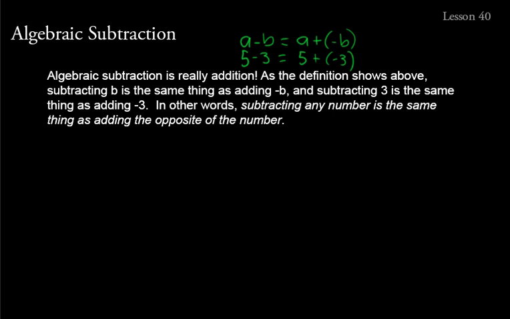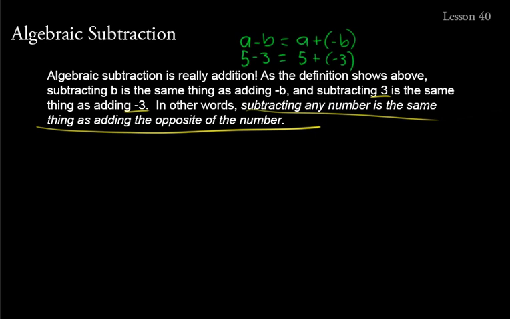As we just showed with the definition, subtracting B is the same thing as adding a minus B. Subtracting 3 is the same thing as adding a minus 3. In other words, subtracting any number is the same thing as adding the opposite of the number. Okay? Subtracting any number is the same thing as adding the opposite of the number.